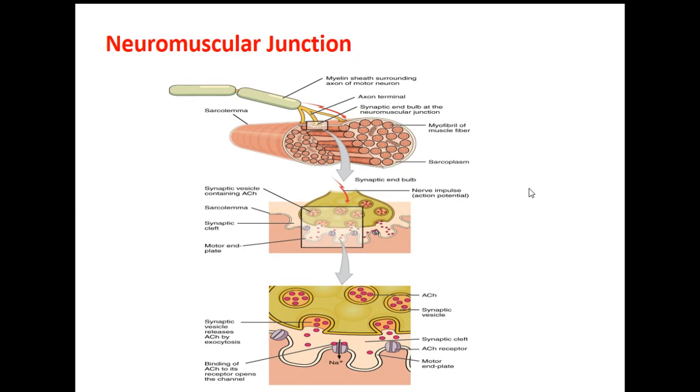As soon as they stimulate these channels to open up and allow the sodium to come in to cause that impulse that spreads out over the muscle fiber, there's an enzyme that will break down these neurotransmitter molecules so that the muscle will be ready to go again. It won't just stay stimulated forever.